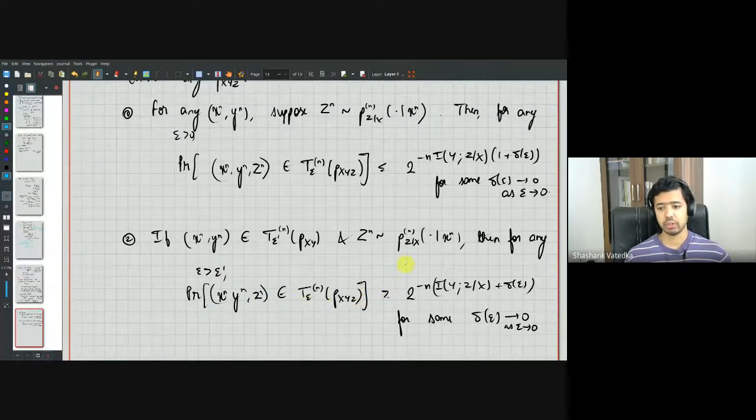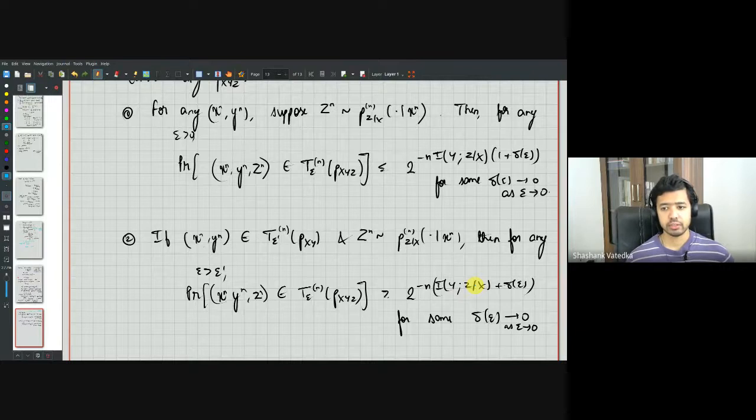So you can derive a lower bound, and at least in the first order of the exponent, it corresponds to the upper bound that we have over here. For any epsilon greater than epsilon prime, the probability that x^n, y^n, z^n are jointly typical is lower bounded by 2 to the minus n times the mutual information between Y and Z given X.